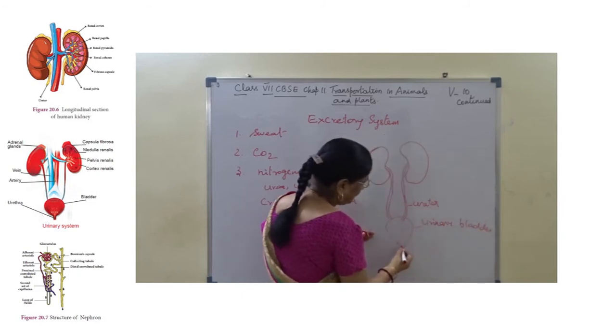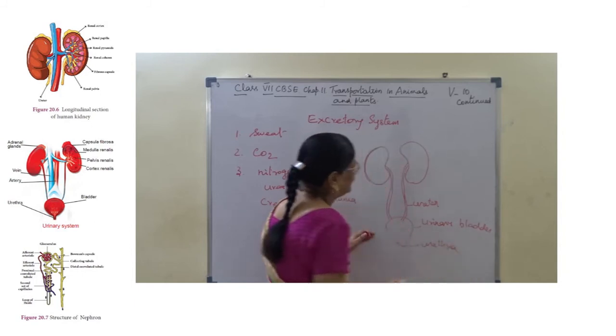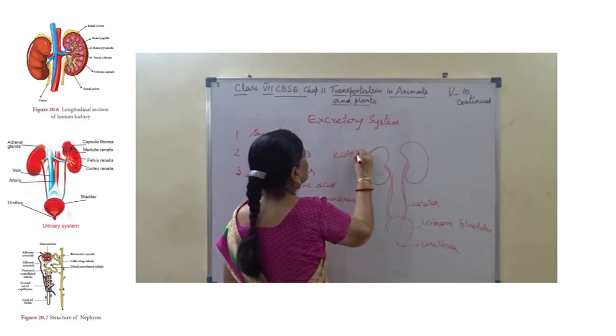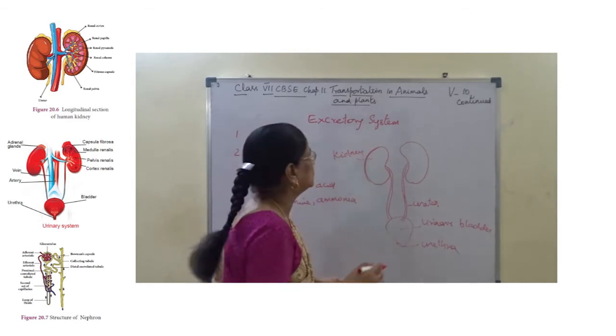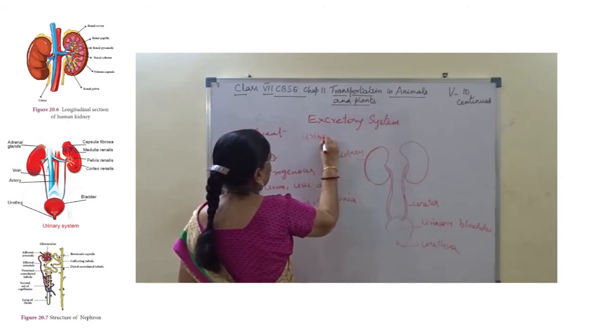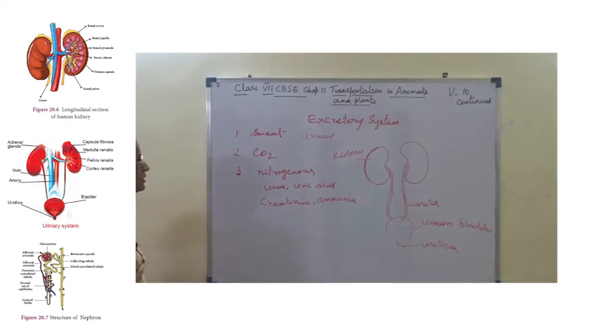Okay, and then it opens outside through the urethra. This is the kidney. This is the excretory system. The excretory system is also known as the urinary system.